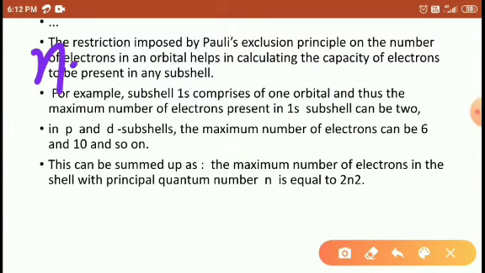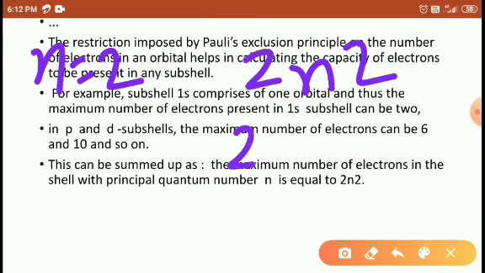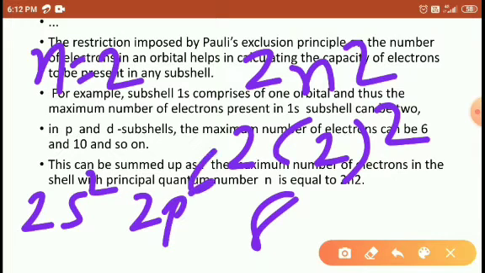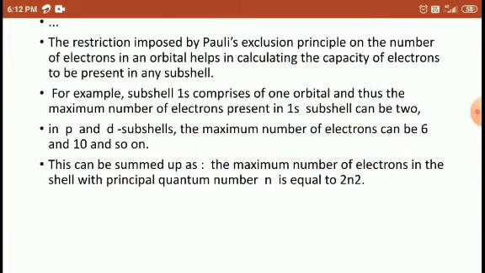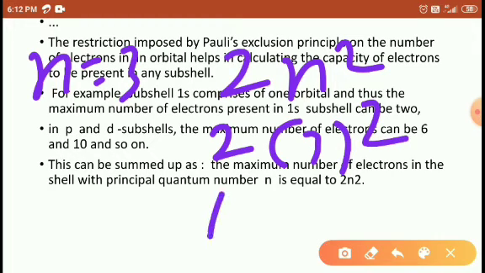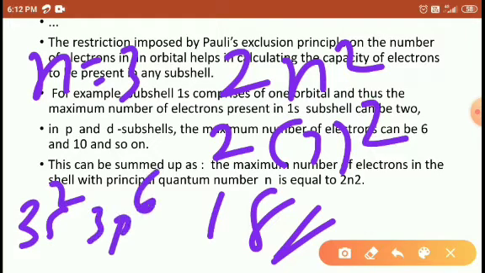Next, n is equal to 2, applying the formula 2n squared, 2 times 2 squared, how many electrons, students? 8 electrons: 2s2, 2p6, 6 plus 2, 8 electrons. Similarly, n is equal to 3, 2 into 3 squared, that is 18 electrons: 3s2, 3p6 and 3d10, 18 electrons.